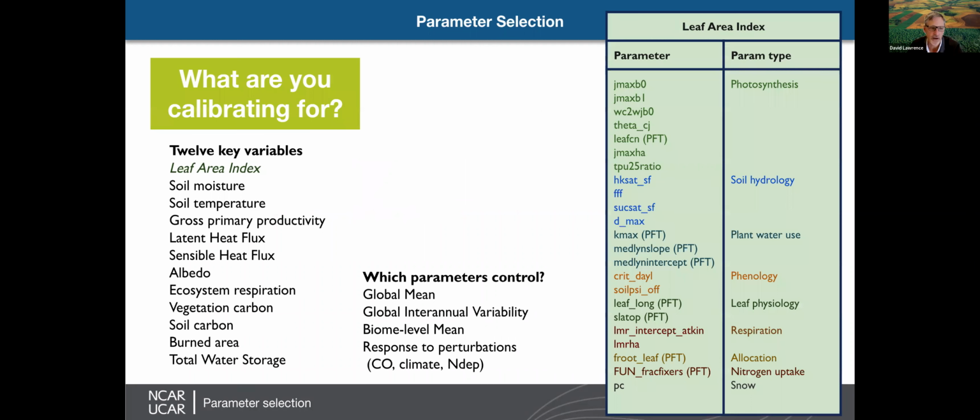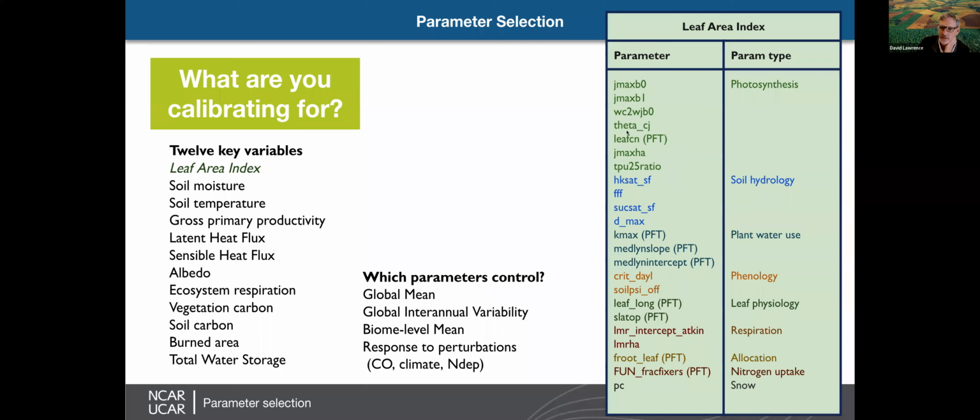So we are starting off then, instead of going for all these variables all at once, we have taken something a bit more reasonable and said, we're just going to try to calibrate for leaf area index. So we've gone through the exercise of trying to identify the most important parameters based on these different controls: global mean, global interannual variability, biome level mean, response to perturbations, and come up with this list.